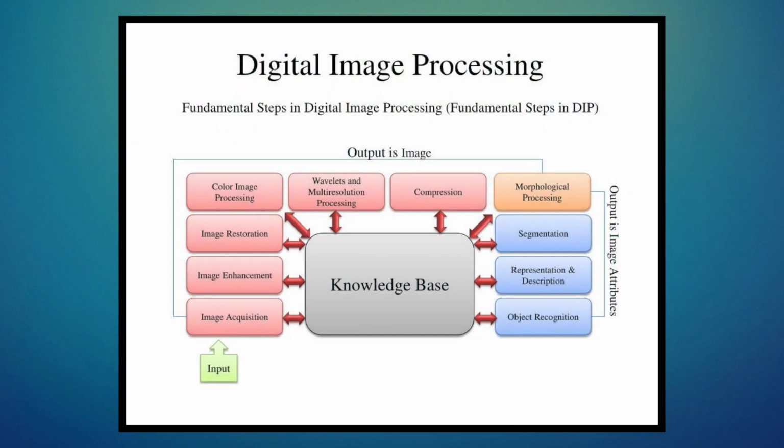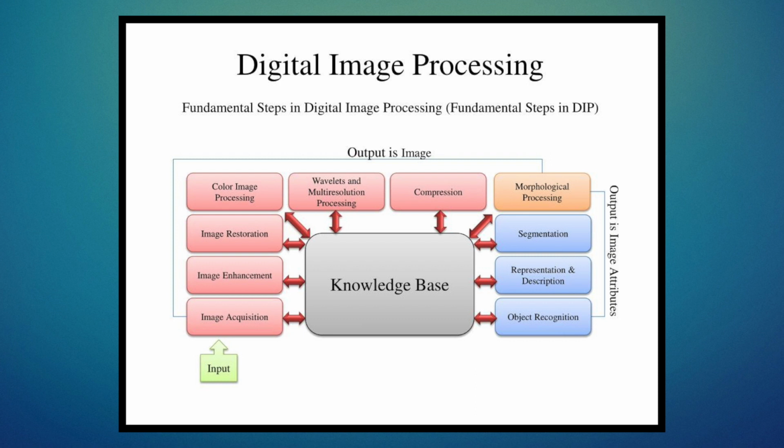In digital image processing, we have to see some topics related to the knowledge base. In that we have seen feature extraction and other related topics, feature selection and classification. These are the sub points which are necessary to include, and according to that we have to learn.